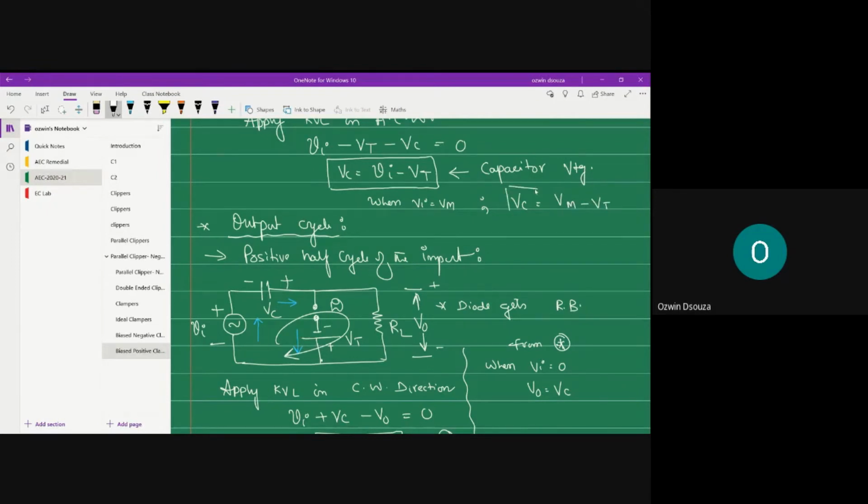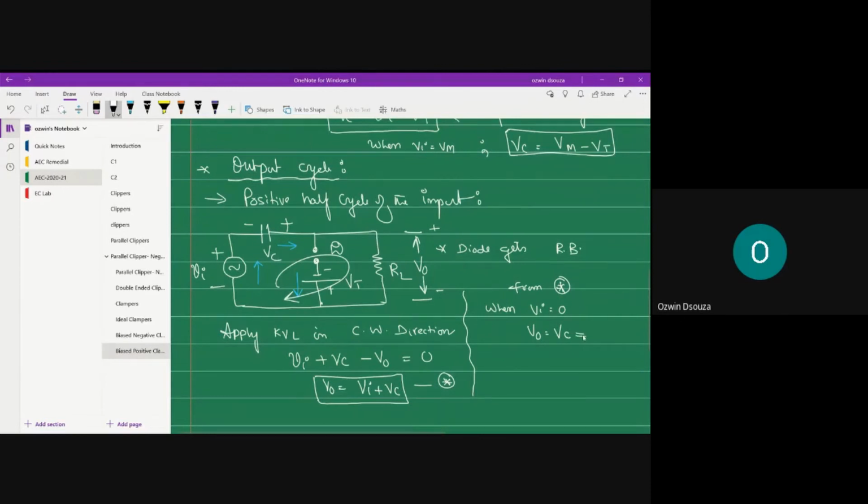This is what I should have written in the beginning. Nevertheless, Vc is equal to Vm minus Vt, so your output V0 is Vm minus Vt.